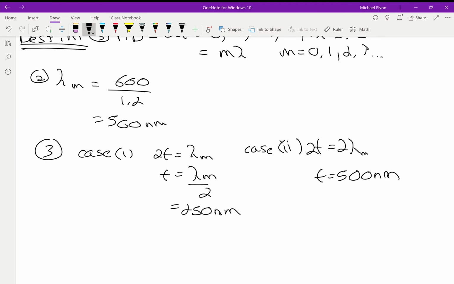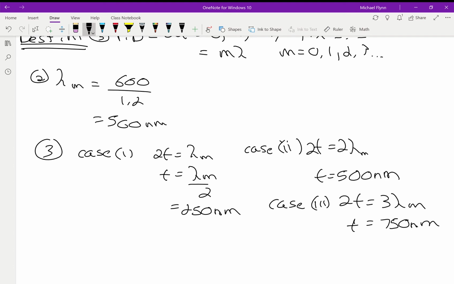And then case 3, and we could keep going. 2t equals 3 wavelengths, and then that'll be 750. I think I've got that right. It's 500 times 3 divided by 2, 750. All right, 750 nanometers.